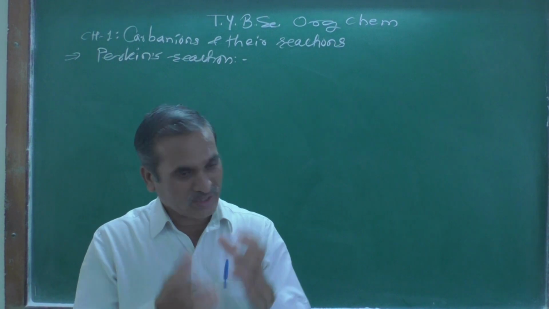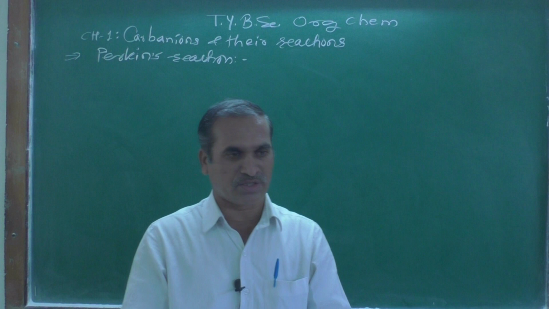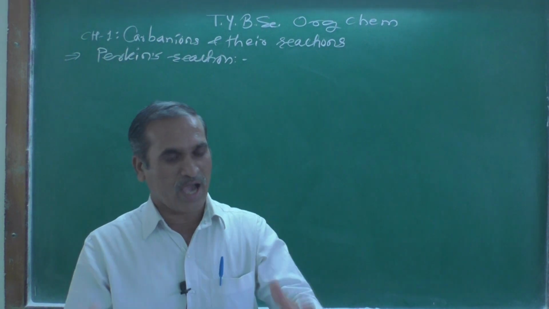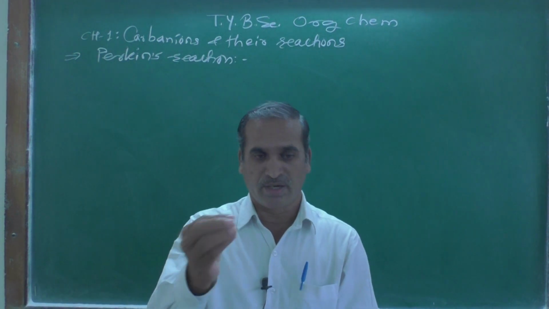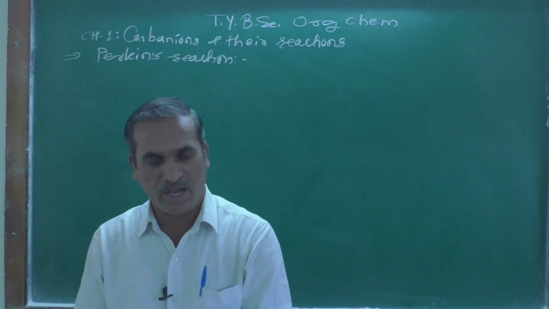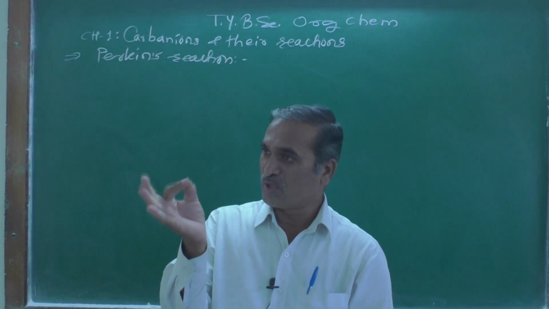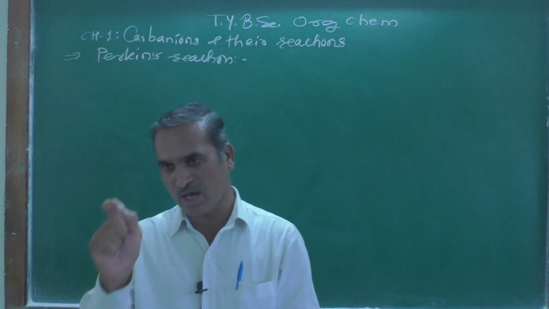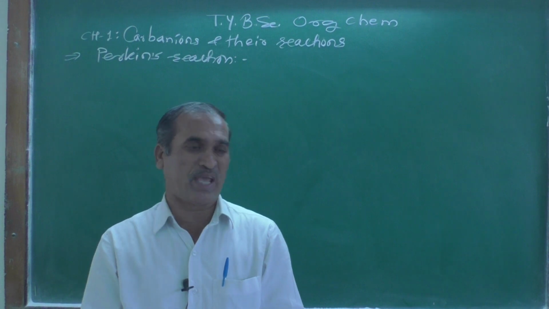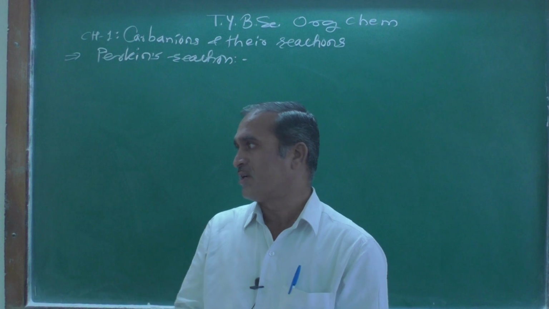What he did for this reaction, how he carried out the reaction, what type of reaction conditions he maintained, what the starting materials are, and what reagent, or what we can call a base, is generally used, because the formation of the carbanion requires a base. The function of the base is to generate the carbanion.